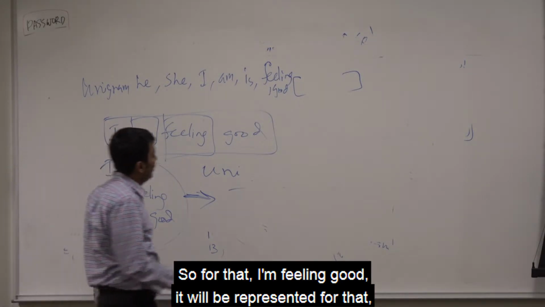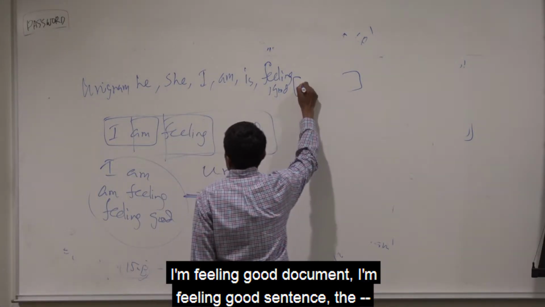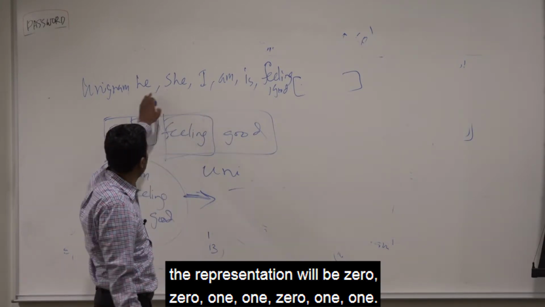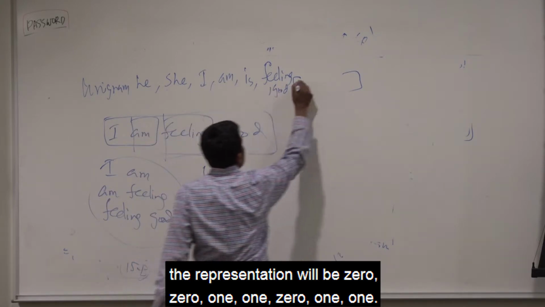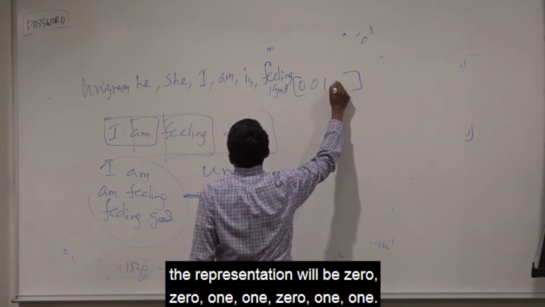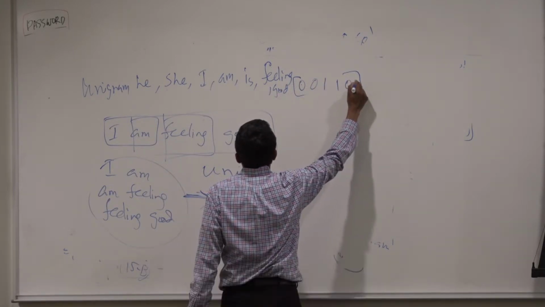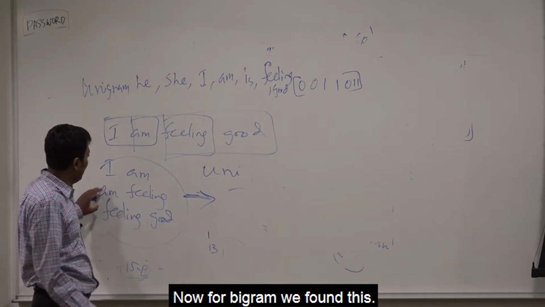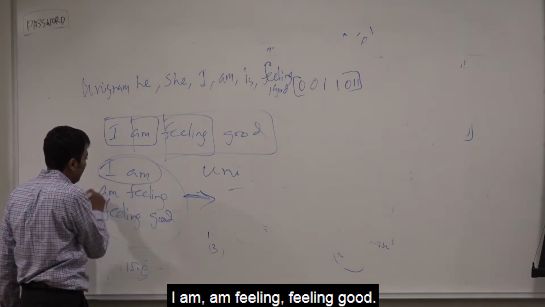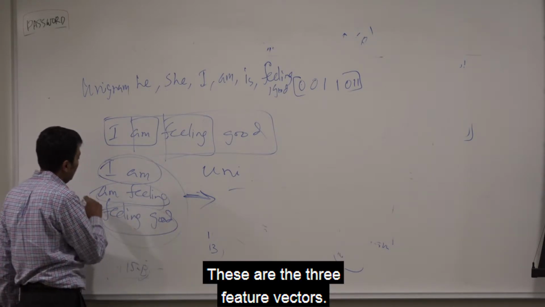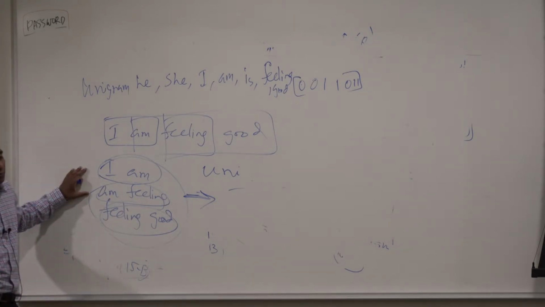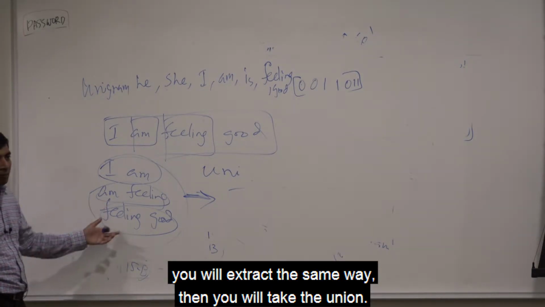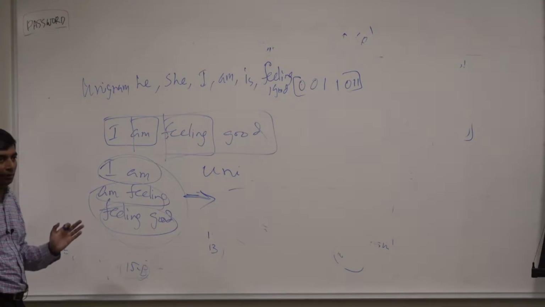For the document "I am feeling good", the unigram representation will be 0 0 1 1 0 1 1. Now for bigram we found these three features: "I am", "am feeling", "feeling good". Now you will take another document, extract the same way, then take the union.